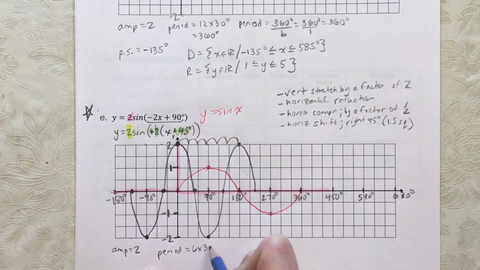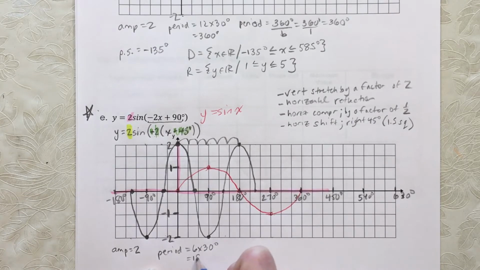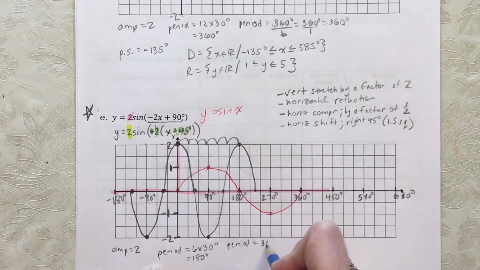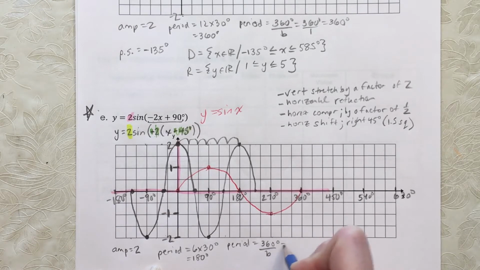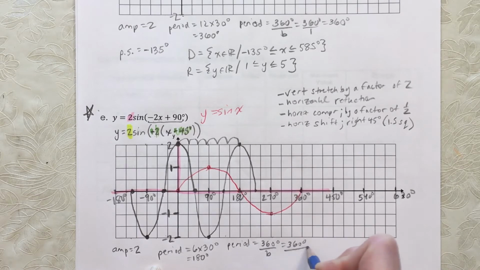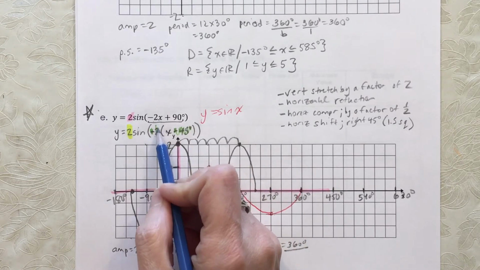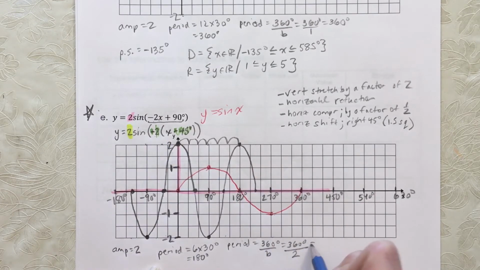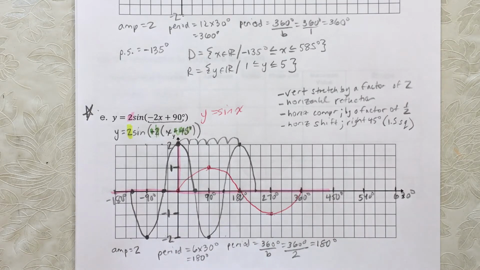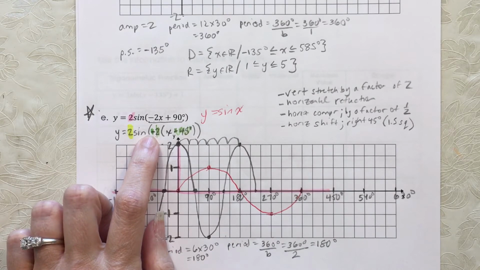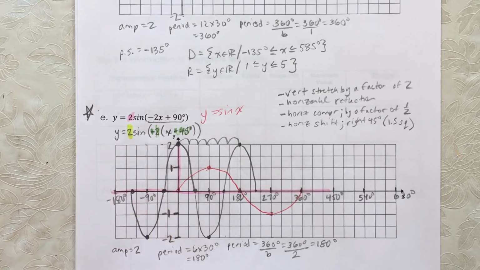So 6 times 30 is 180 degrees. But I can also use my formula. Period is 360 divided by the b value. And the b value is 2. So it's 180 degrees. Remember, the negative just makes a horizontal reflection. It's not the b value. It doesn't affect the period, the negative.